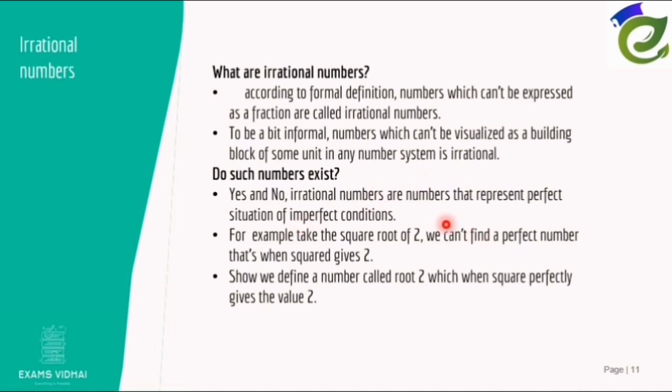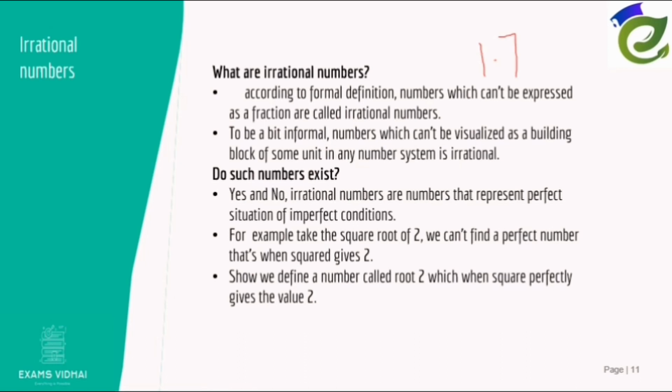For example, take the square root of 2. There's no exact single number, but the definition is that there's some number that when multiplied with itself should give 2.